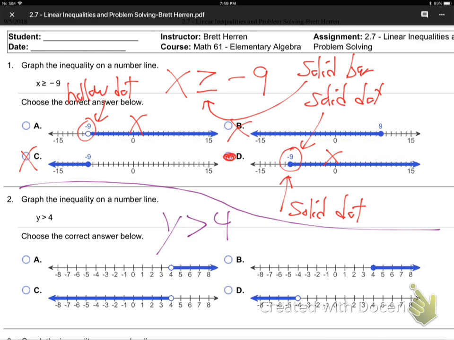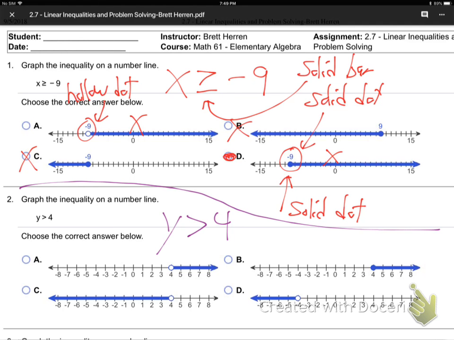Is it A, B, C, or D on number 2? Is the shading supposed to go to the right or the left? Greater is going to go to the right. So it's either B or A. It's A.